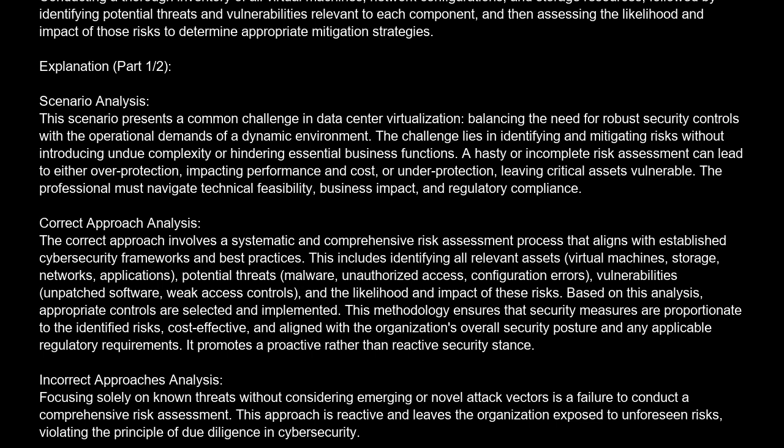Based on this analysis, appropriate controls are selected and implemented. This methodology ensures that security measures are proportionate to the identified risks, cost-effective, and aligned with the organization's overall security posture and any applicable regulatory requirements. It promotes a proactive rather than reactive security stance.